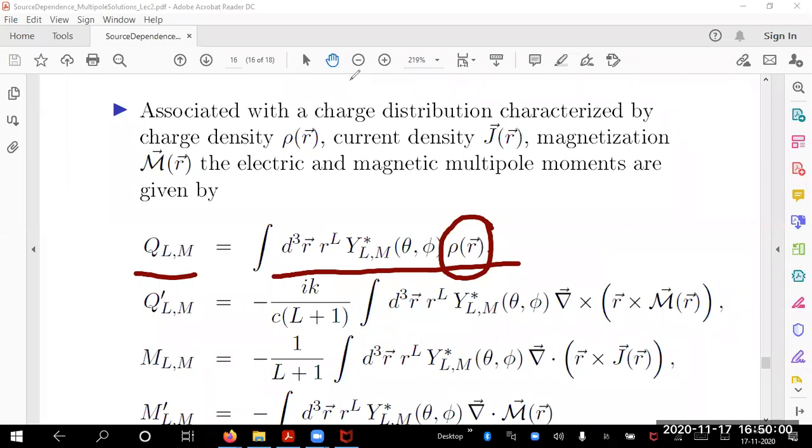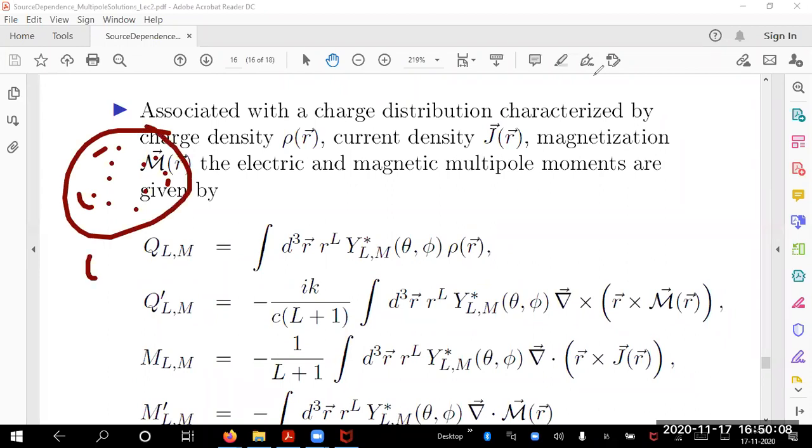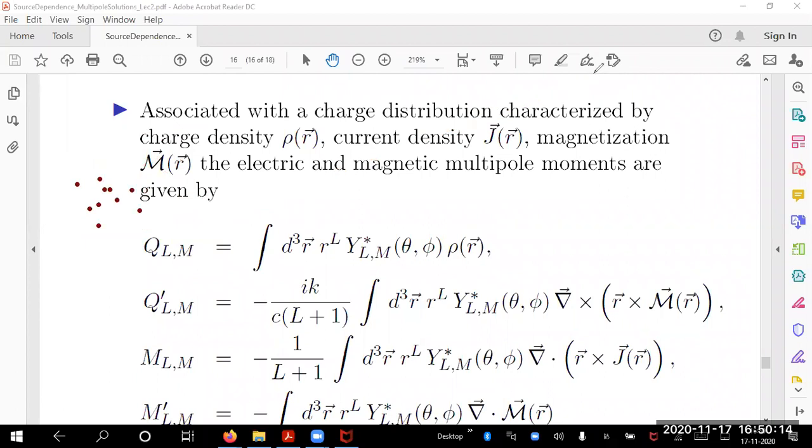How did you do it? Let me remind you again. Please be with me. Suppose I have a charge distribution here, and I am standing here as an observer. I want to explain what this charge distribution looks like. Then I will write this charge distribution. It looks like a monopole.